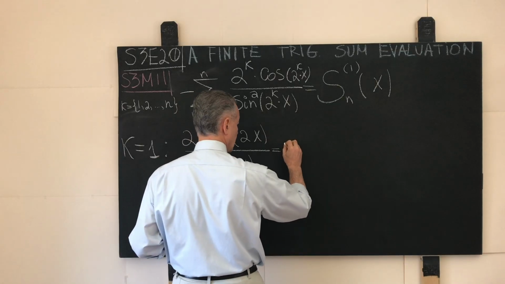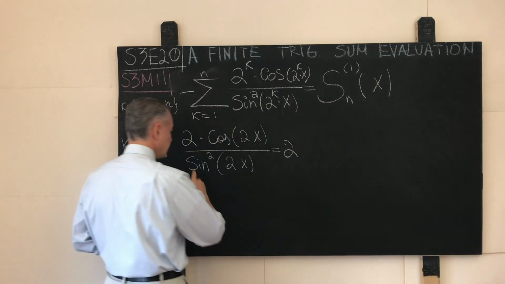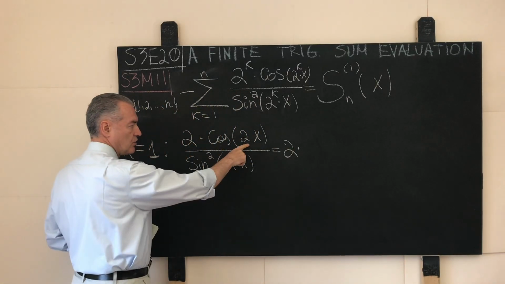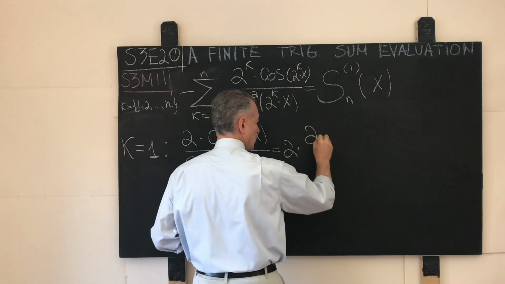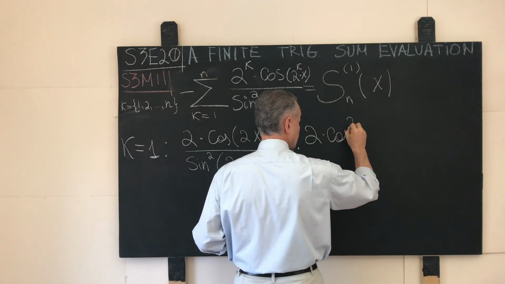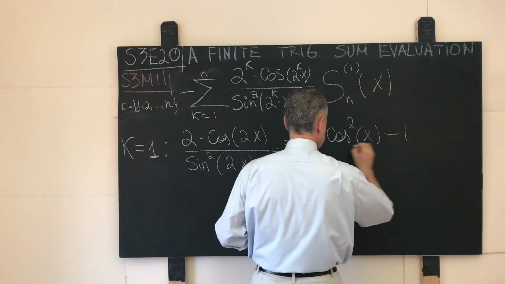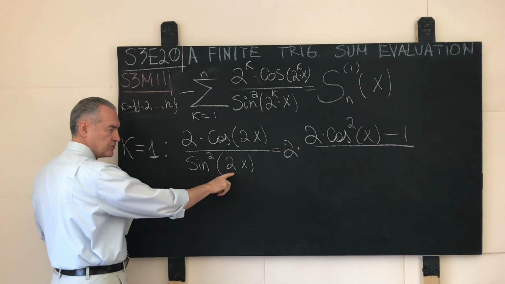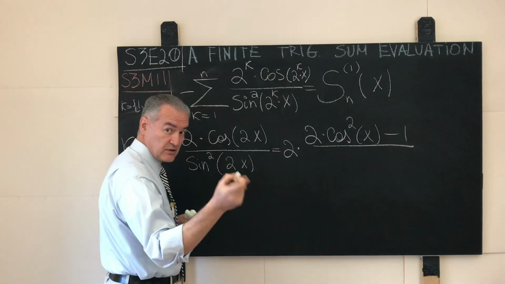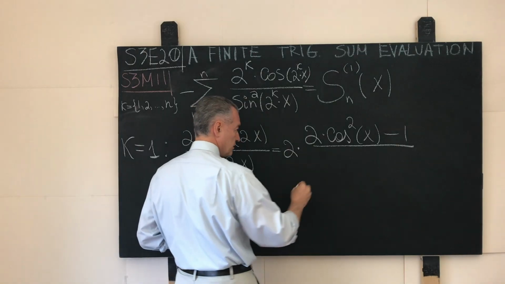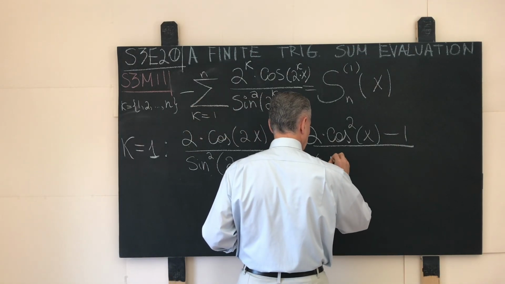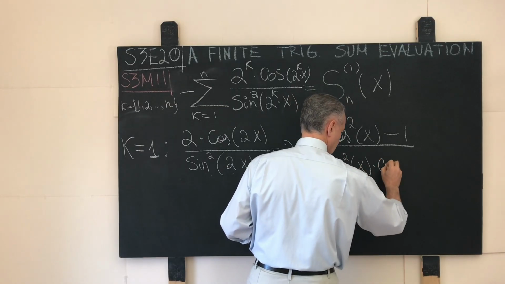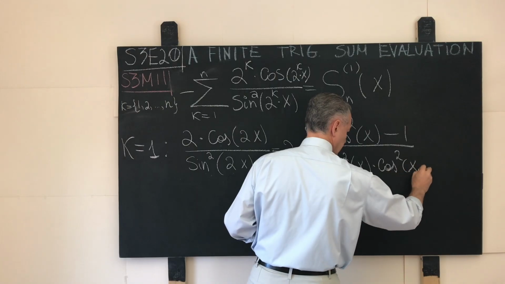So here we have 2. Still, we keep the factor of 2 for this ratio, and then we rewrite the cosine of twice the argument as follows: 2 times cosine squared of x minus 1 divided by, here we temporarily unzip the sine of the double argument using the famous double angle identity. So that will be 4 times sine squared of x times cosine squared of x.